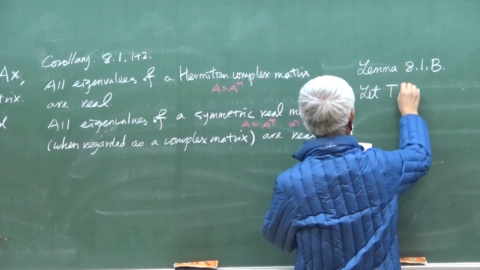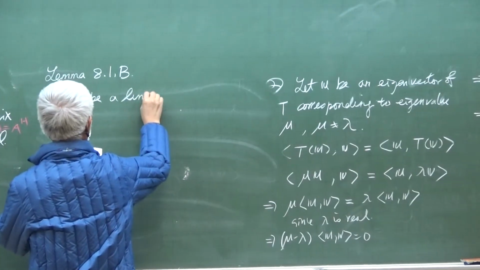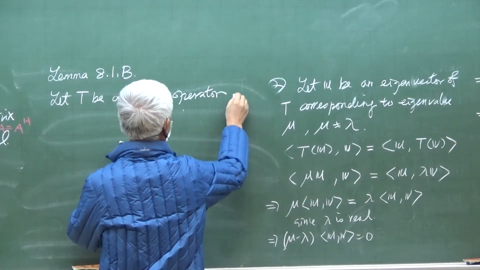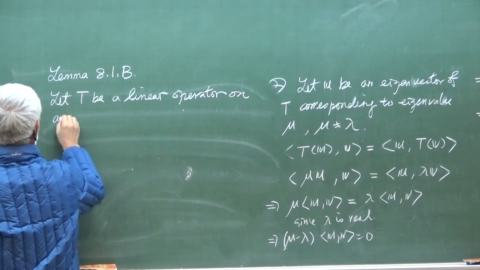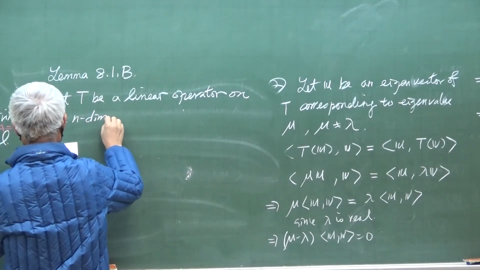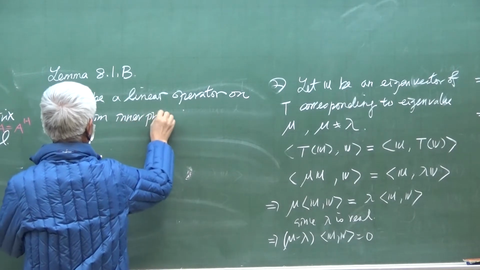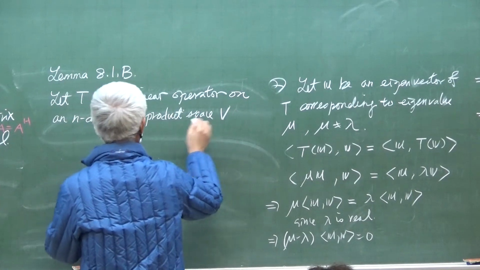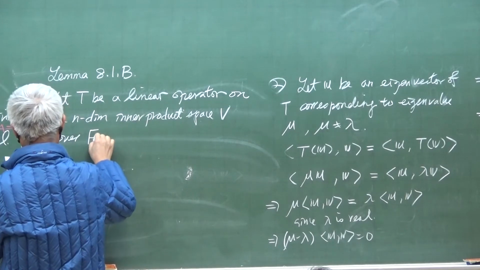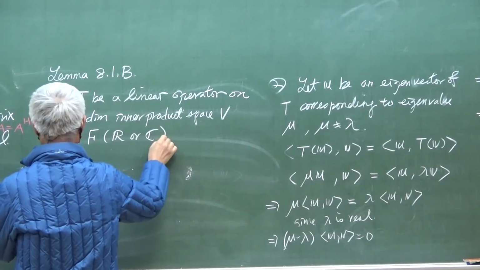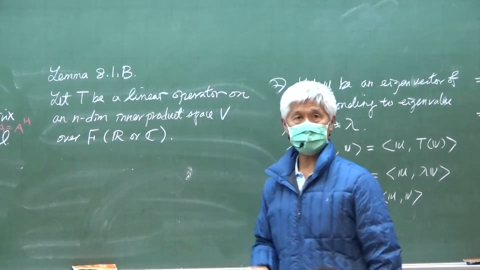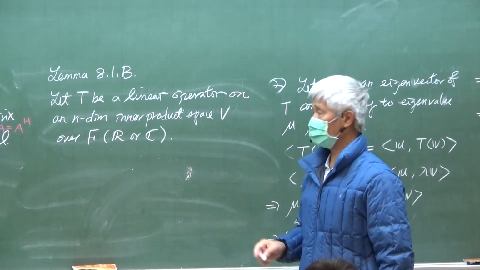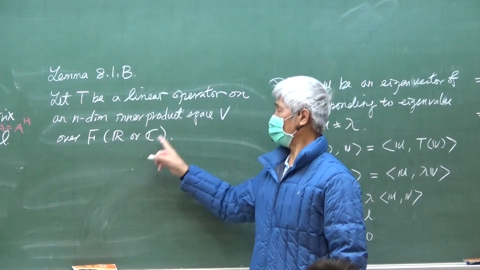Let T be a linear operator on an n-dimensional inner product space V over F. So F can be R or C. We consider a linear operator on an n-dimensional inner product space V over either the real number field or the complex number field.